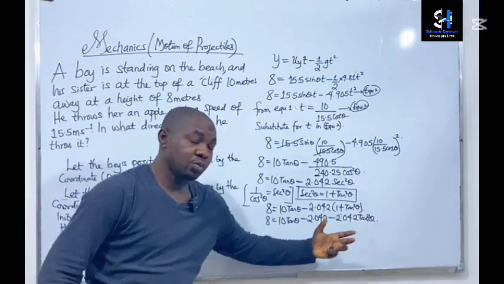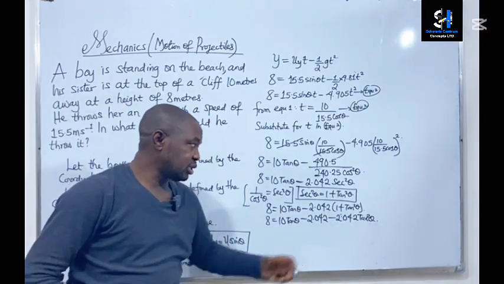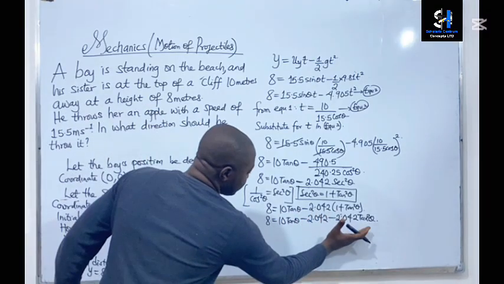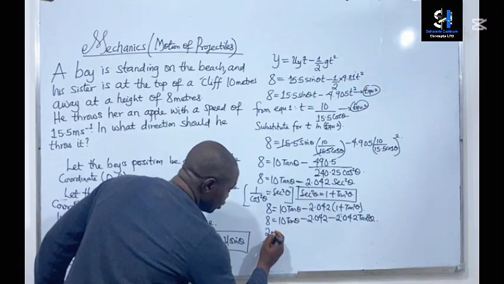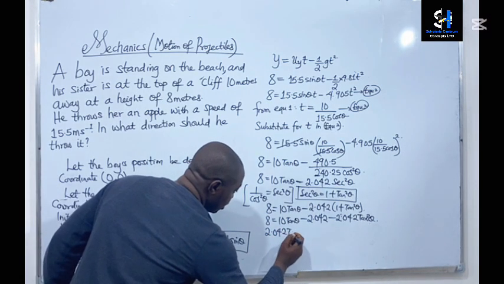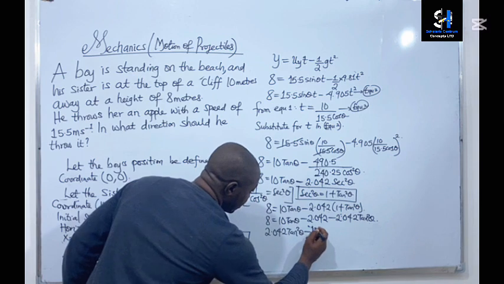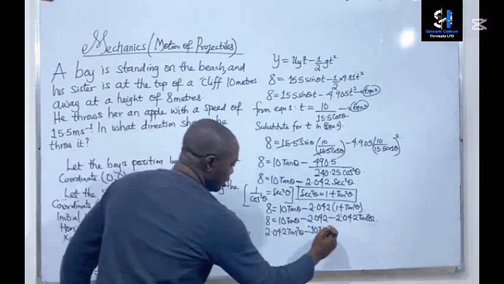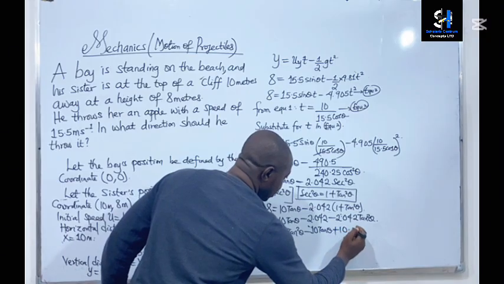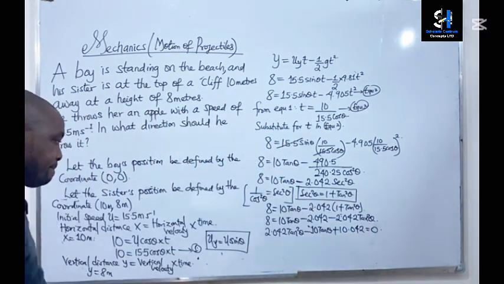Now this is what we call a quadratic equation. Let's write this in standard form. I'm going to move this from the right hand side to the left hand side so that the equation becomes 2.042 tan squared theta minus 10 tan theta plus 10.042 equals 0.